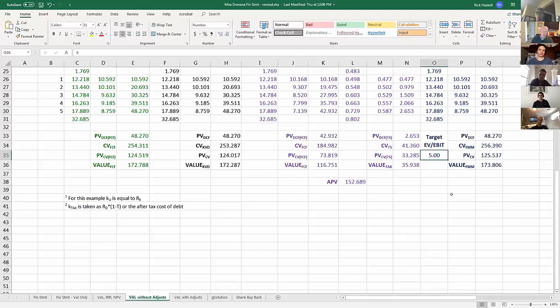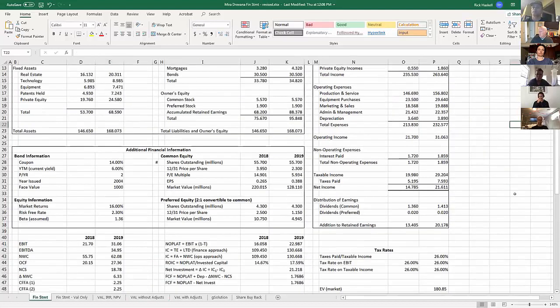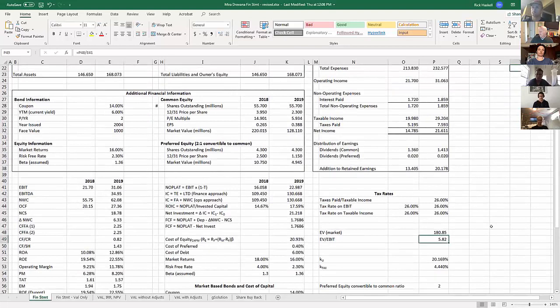Let's assume for a moment that our company didn't have an observed multiple of 5. That we looked at the EBIT for the particular period, and the estimated value, and saw that we actually had a multiple for that year of 5.82. What is that going to do if we plug that in here?